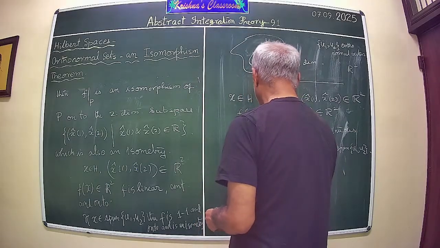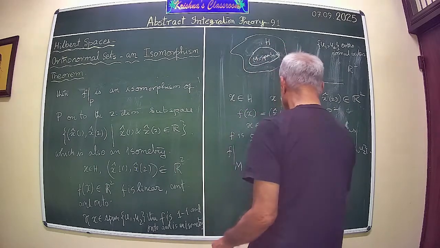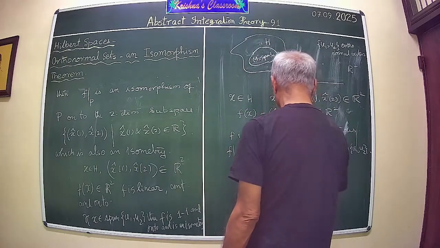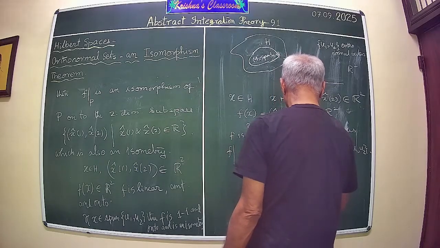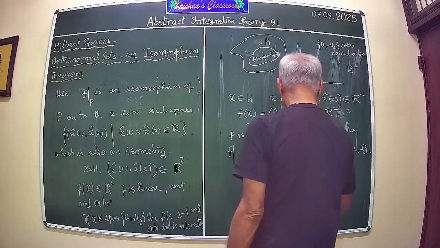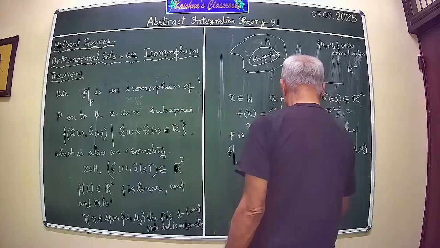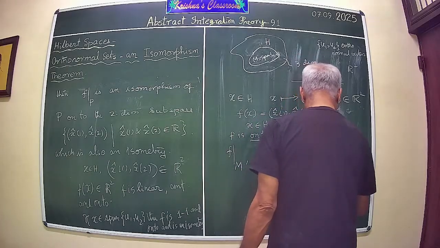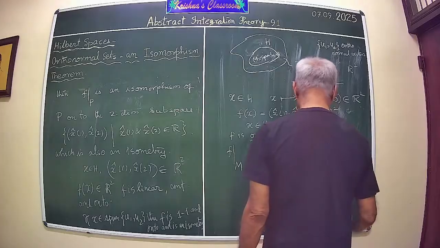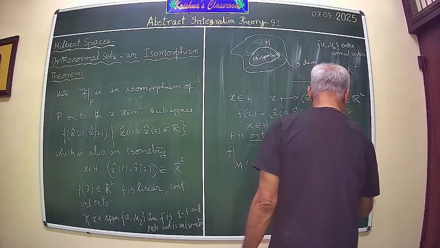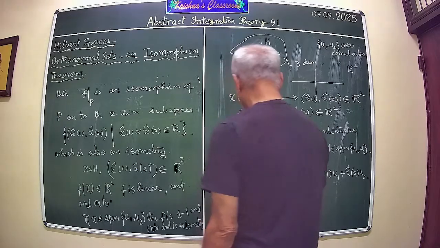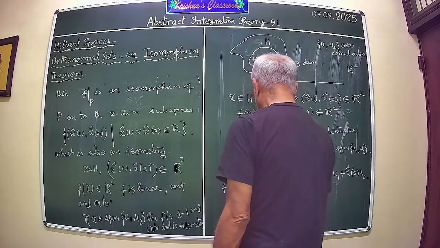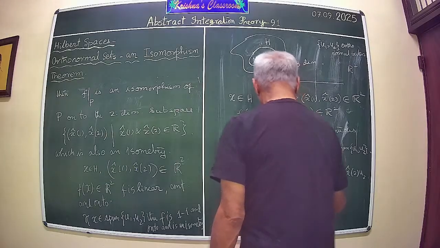Defined by f of x equal to x hat, where x is equal to the combination, then of course F is linear, one-to-one and onto.